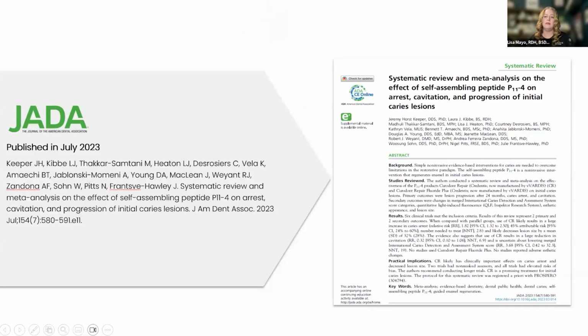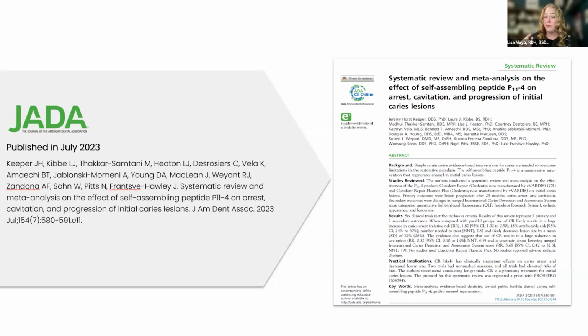So here is the systematic review and meta-analysis. You can see the title right there. And I'm just going to read to you two quotes that come directly out of this publication. So I'm going to read it word for word. The author said, the effects of promoting caries arrest and decreasing lesion size suggest that peptide P11.4 is a viable treatment option for initial carious lesions alongside other evidence-based interventions.